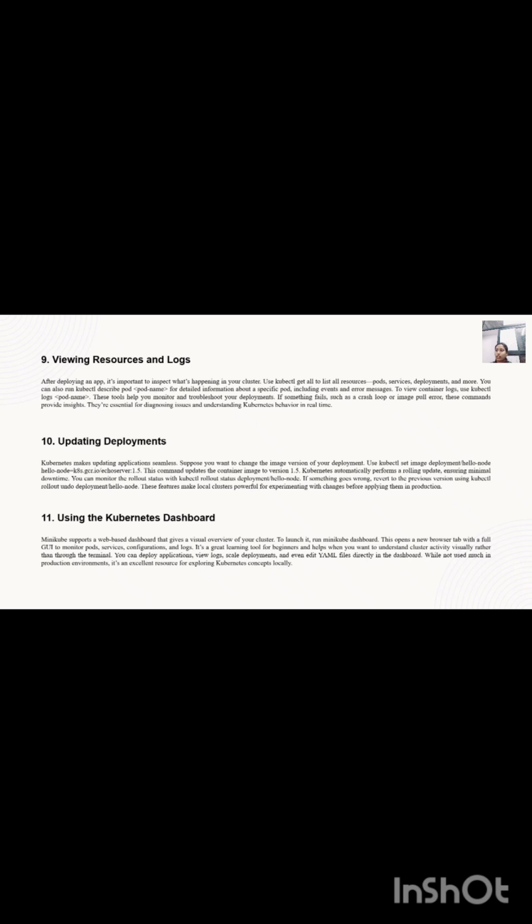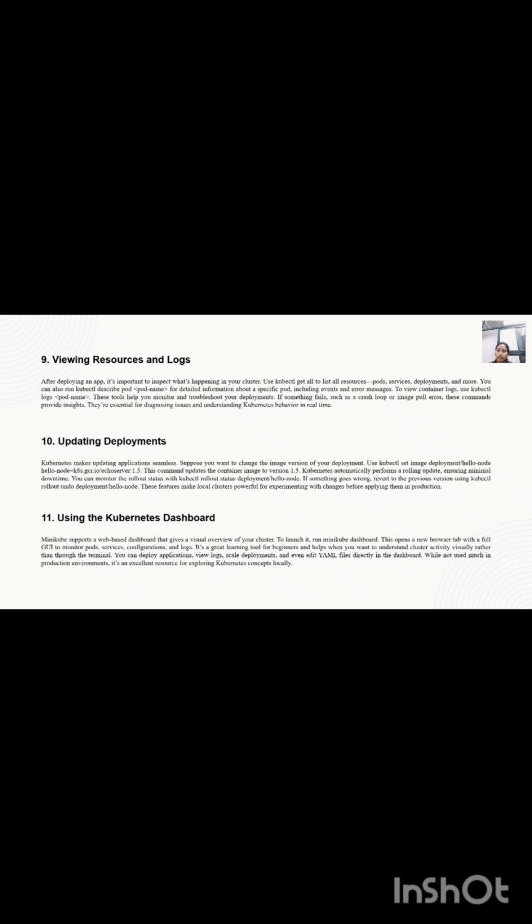To view container logs, use kubectl logs. These tools help you monitor and troubleshoot your deployment. If something fails, such as crash loops or image pull errors, these commands provide insight. They are essential for diagnosing issues and understanding Kubernetes behavior in real time.